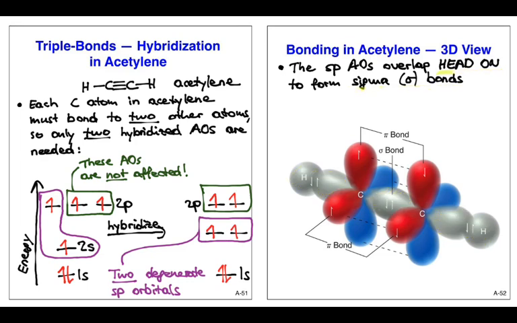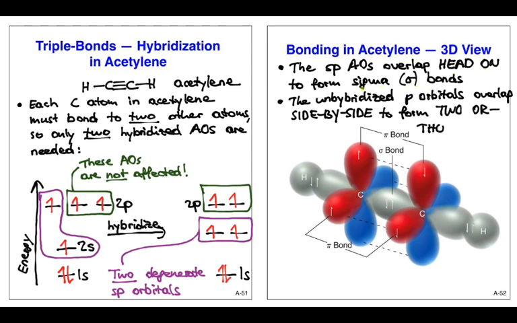But we also have now two pi bonds, because we have two unhybridized p orbitals on each carbon atom, four in total, right? And they form two orthogonal pi bonds. One pi bond is here, red and blue regions, all one pi bond. The other pi bond is here in the plane of the board.